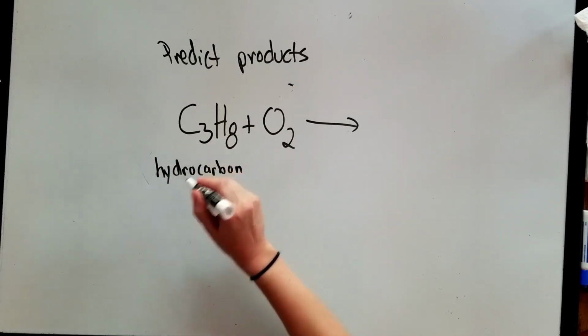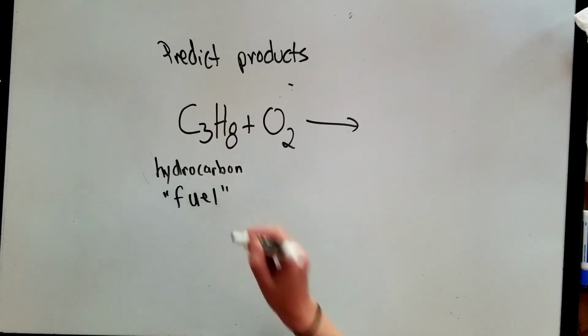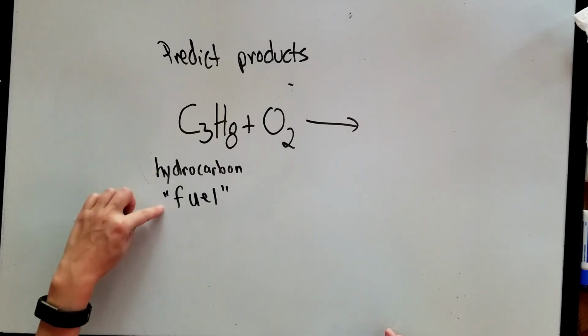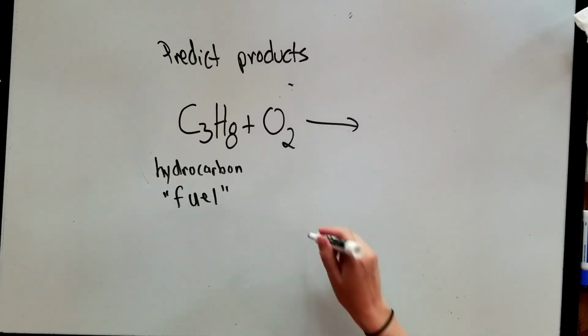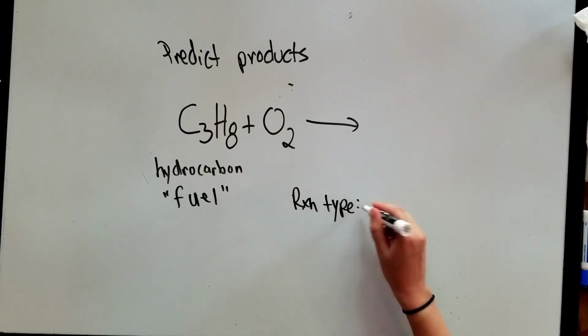In this reaction, it's also known as, or can be replaced with the word fuel. Because when you mix a hydrocarbon or fuel with oxygen, what type of reaction happens? It's going to be a combustion reaction.